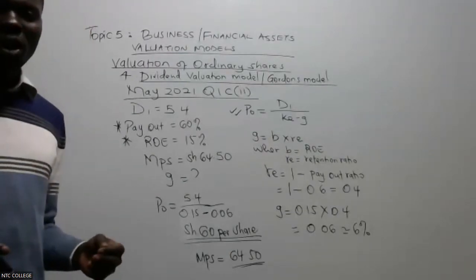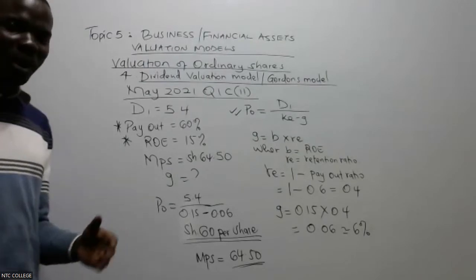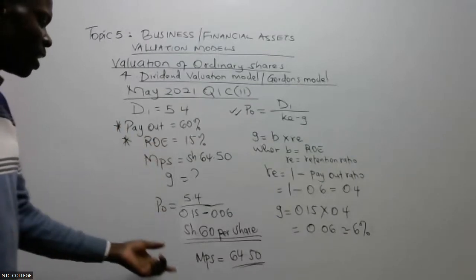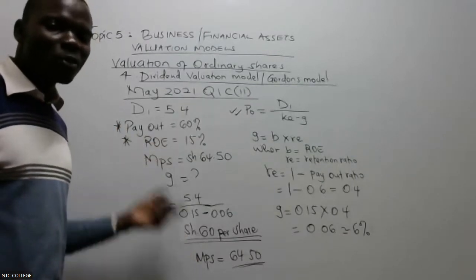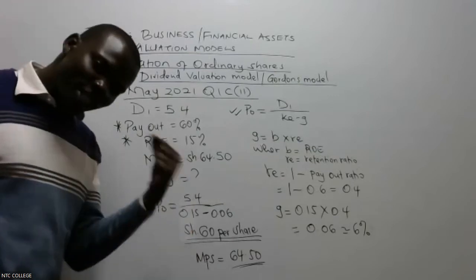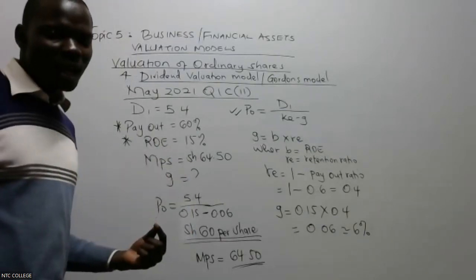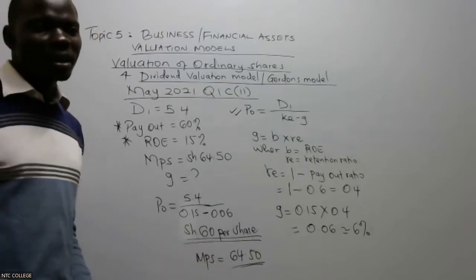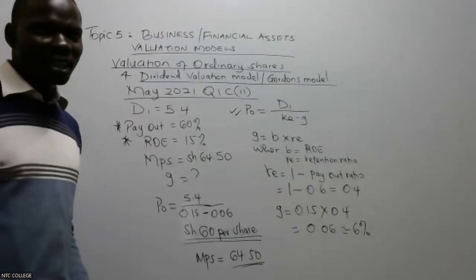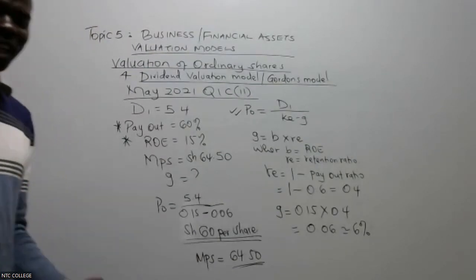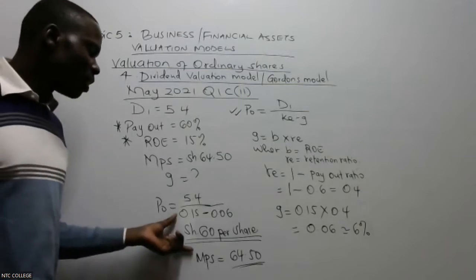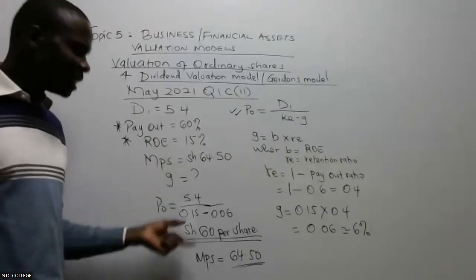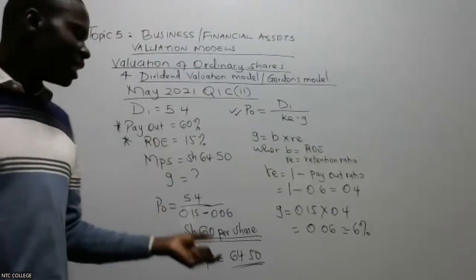We are told this share should be sold at 60 bob, but the market is selling it at 64. So it should be selling at 60 bob, but it is selling at 64.